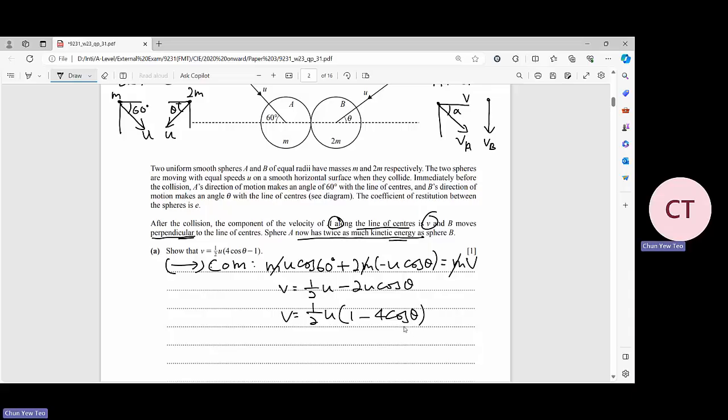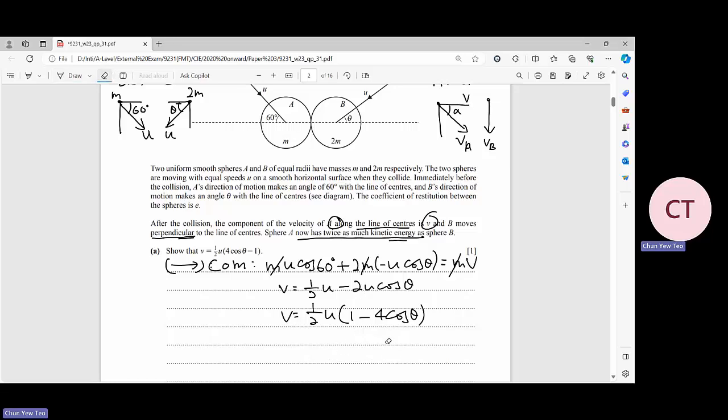So you can see that my answer and the answer given here are not really the same. The difference is that these two values are swapped. That means my assumption was wrong. The direction of A is supposed to be reversed.